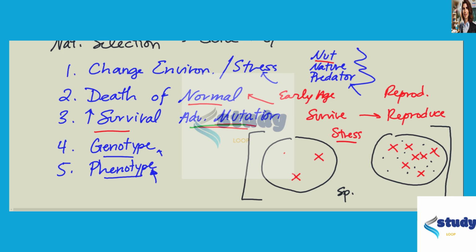However, after that stress has been cleared, you're going to get the reproduction of the individuals that had that advantageous trait because they survived better. But you're also going to get the reproduction of some of the individuals in the normal phenotype and genotype pool.